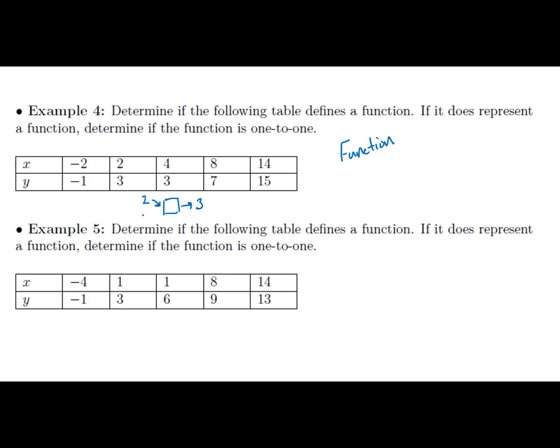It could have come from a 2, or it could have come from a 4. But again, that's okay though. It's okay that this output of 3 came from 2 different things. Again, think of that like the grocery store analogy. Is it okay for 2 different items to cost the same price? Sure, that's fine. But it's just not a one-to-one function.